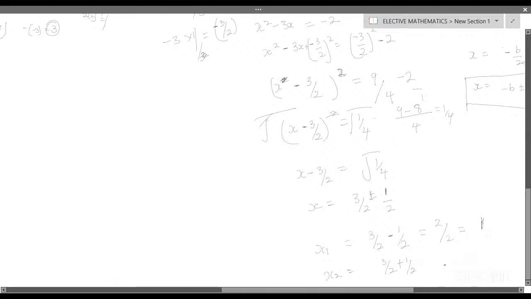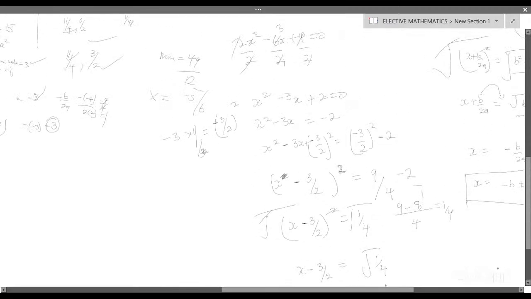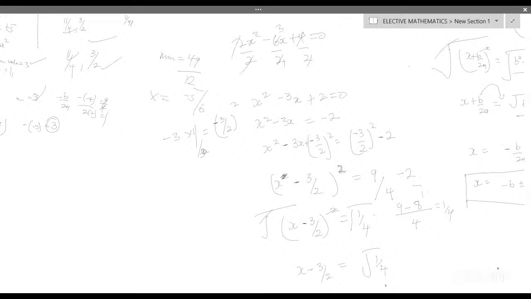And this one, we are going to get 4 over 2, which is going to give us 2. So what are the values of x? X is equal to 1, x is equal to 2. Do you get it?